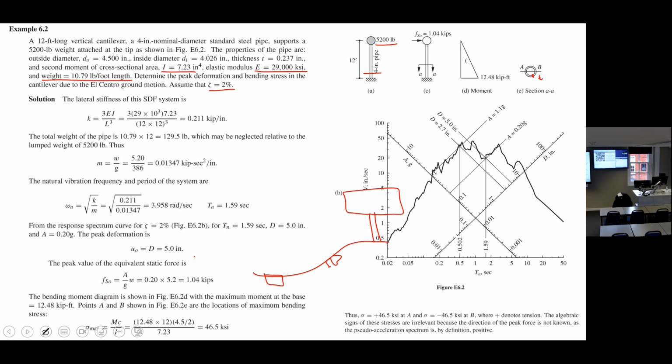It's not a big deal. It's okay, but you can add it to the top water mass as well if you want. But for this example, it's neglected. So the mass is the weight over g, so it's just using 5,200 pounds. This is the mass. Simple. The stiffness here is simple as well because it's a cantilever.